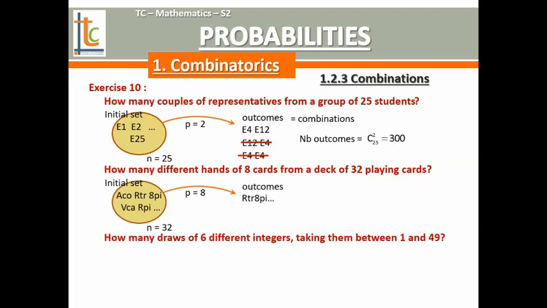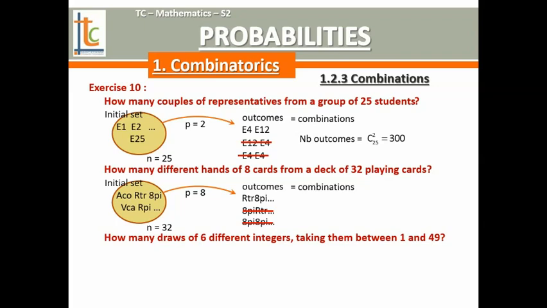So a possible outcome is to take the king of clubs, in French, roi de trèfle, the 8 of spades, in French, huit de pique, and so on. So 8 cards. If you obtained the 8 before the king, it would be the same result. You would have the same game in your hand. So you don't have to count it twice. And of course, you can't have twice the same card.